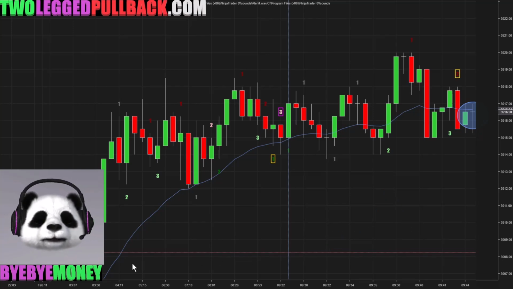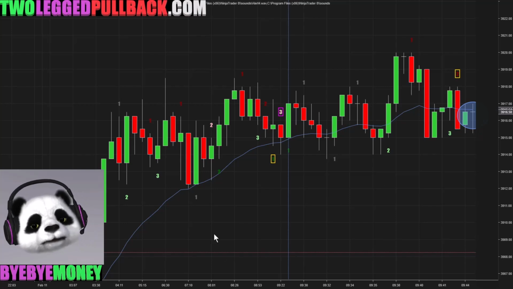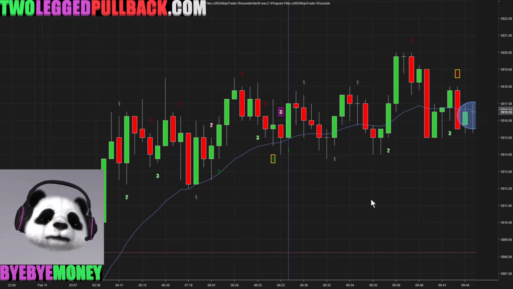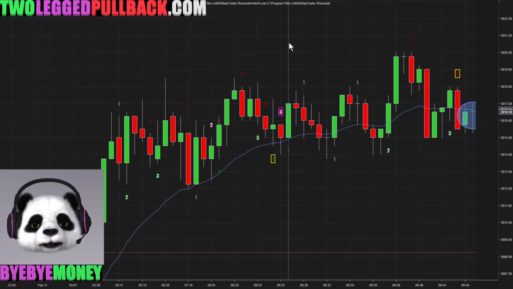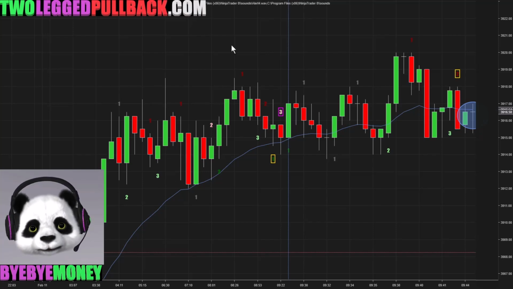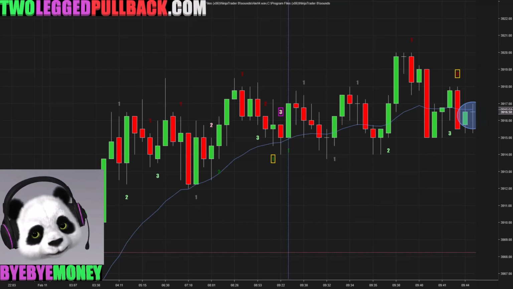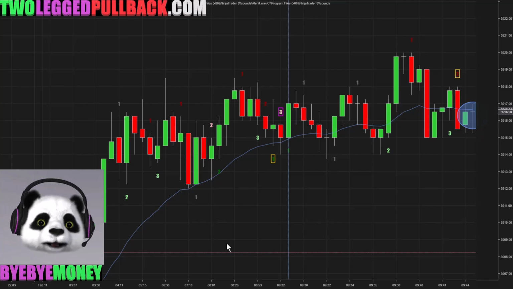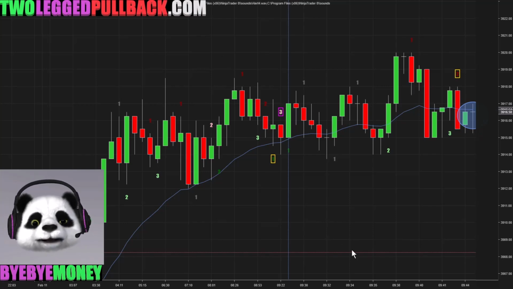Already in the chart, you see the 20 EMA, which is one of the indicators we have. We have two indicators, the 20 EMA and the 240 SMA. Those are the only two indicators we have. And also the two-legged pullback indicator, of course, that counts legs for you and helps you identify second entries and traps.